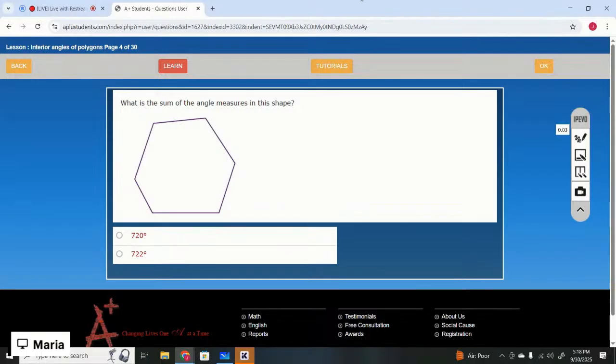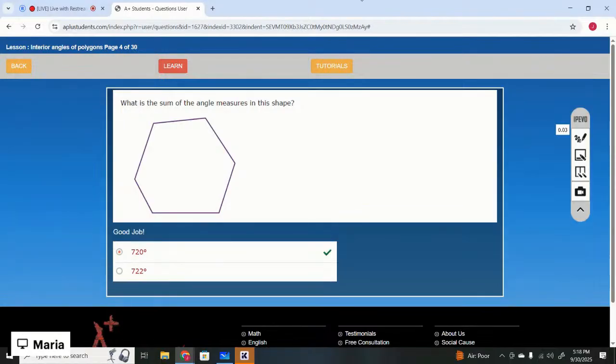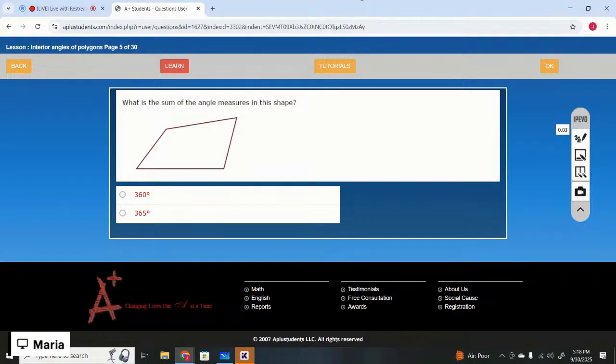Option number 1 is the correct option because we can make four triangles. What is the sum of the angle measures in these shapes? Which is the correct option?